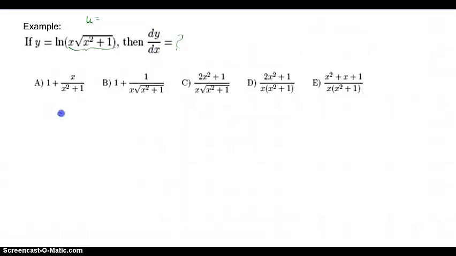So dy dx is the derivative of the outside. That's 1 over. There's the derivative of the outside. Not changing the inside. The inside is x times the square root of the quantity x squared plus 1. Now, times the derivative of what's inside.